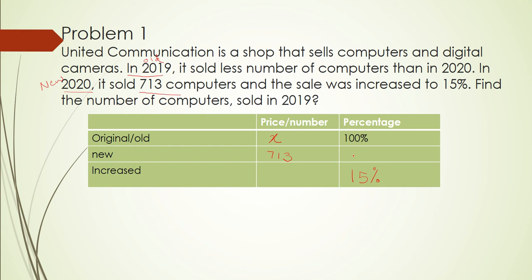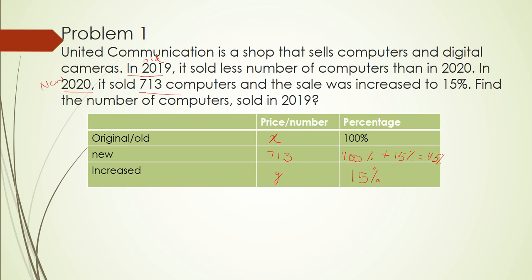So actually this is 100%, which was over here, plus the increased percent. So altogether we can call it 115%. And if they are asking what the increased value is, it's not known. We will use another variable, which is y.